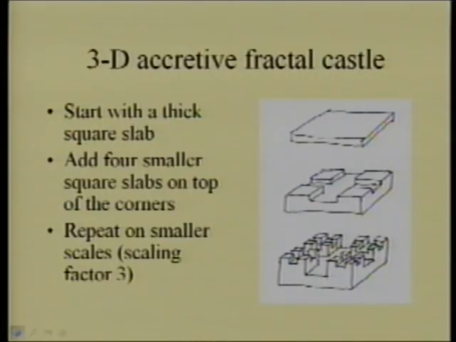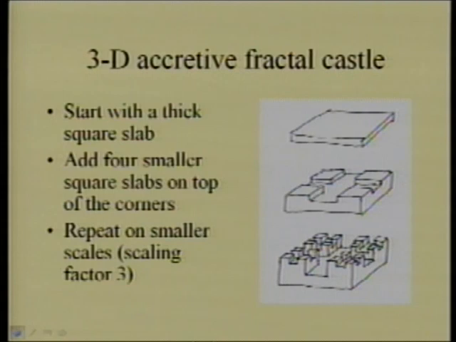I'm going to show how to build a fractal castle by accretion, an accretive fractal. Start with a thick square slab, and then I use a scaling factor of 3, and I add 4 smaller square slabs on top in the corners. So rather the reverse process of doing the Sierpinski gasket. And then each of the smaller square slabs will get its own 4 smaller square slabs, to build the little turrets.